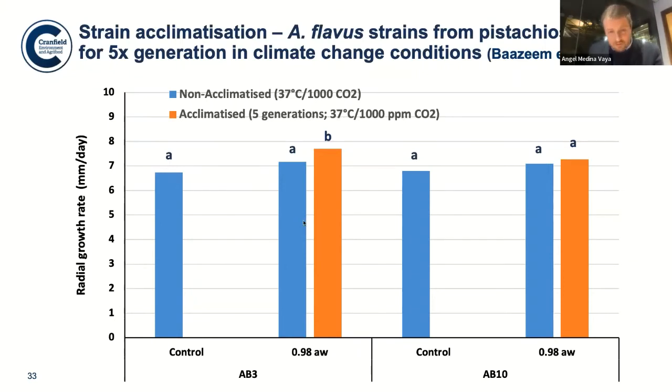And what we could see in two different strains coming from the pistachios is that there was not really a significant change in the way they grow. They still look very similar in the plate. You look at the fungi, and they really don't show a lot of difference between the ones in the now and the ones in the conditions of 100 years' time.